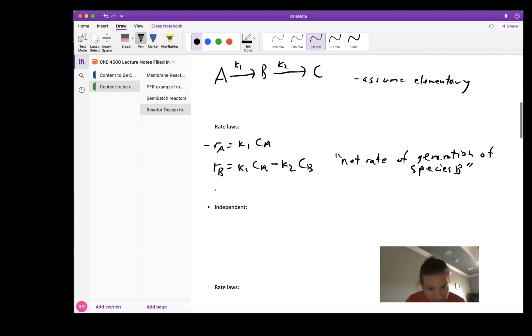My last one is C. So I'll say the rate of generation of C is equal to k2 Cb. This also means that I could write my net rate of B is equal to minus Ra minus Rc.